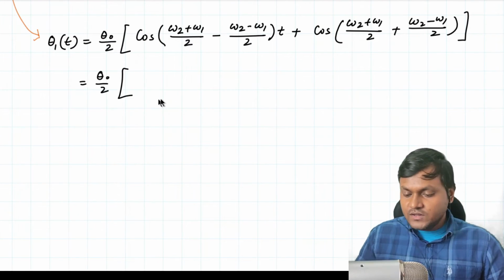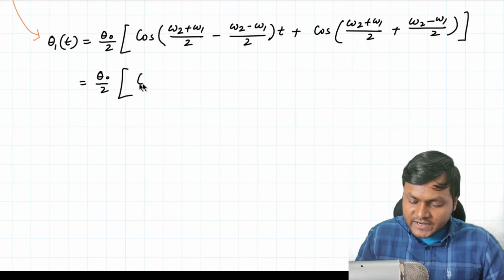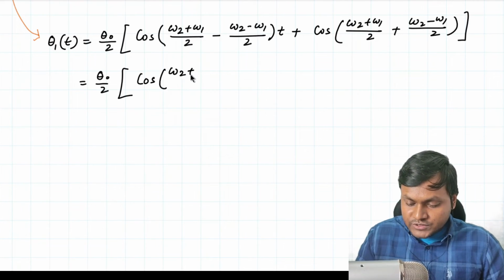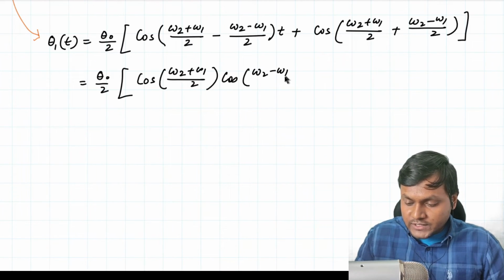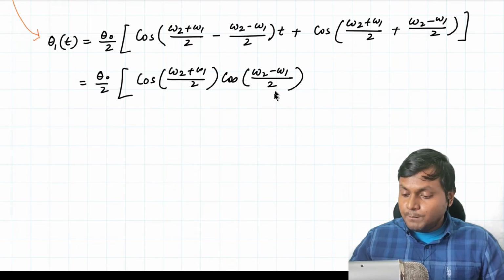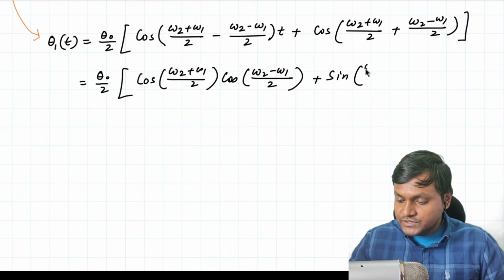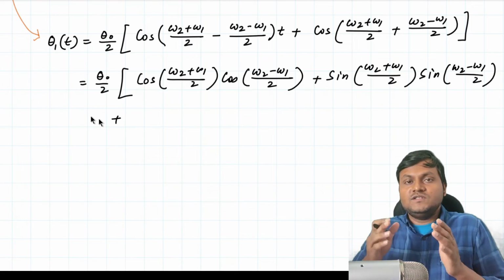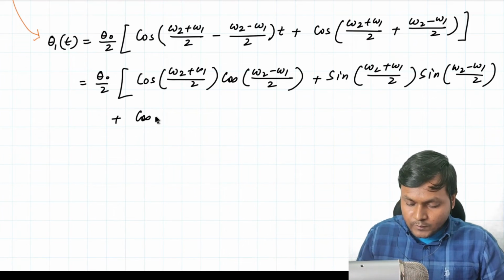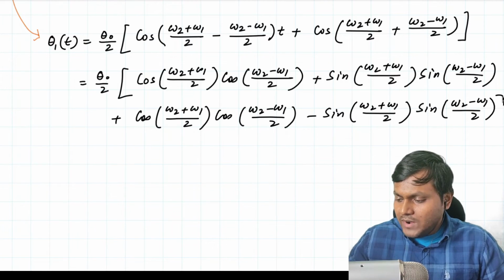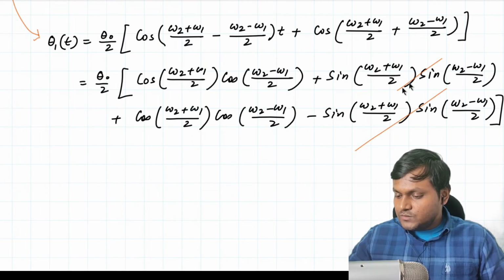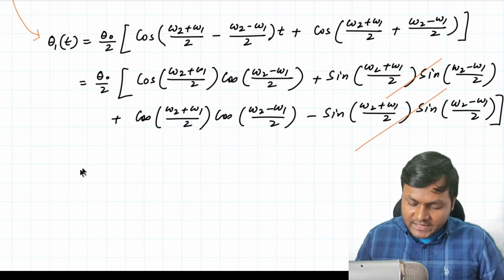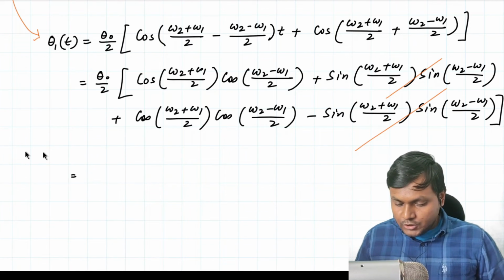this can be written as theta naught upon 2. So what is the first term? This is cos of A minus B. So cos of A minus B can be written as cos A, which is (omega 2 plus omega 1) upon 2, cos B, which is (omega 2 minus omega 1) upon 2, plus sine A, which is (omega 2 plus omega 1) upon 2, sine B. Similarly, the second term becomes cos of A plus B, which is equal to cos A cos B minus sine A sine B. Now what happens here is that these two terms are the same, so they get cancelled out, and finally I end up getting twice theta naught by 2.